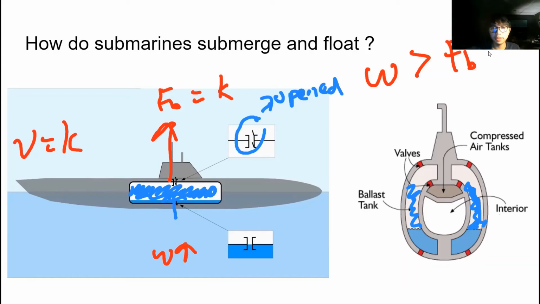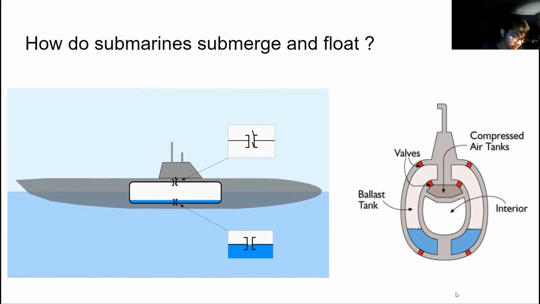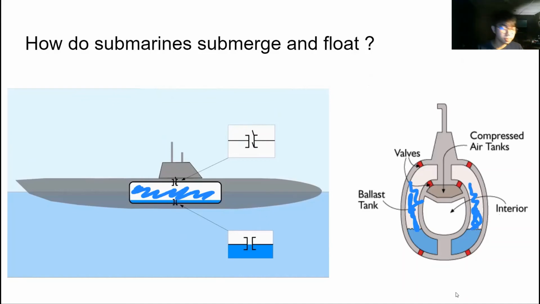Now let's see how a submarine floats back to the surface of the water. Let's see, there is water inside the ballast tank. In order to float back to the surface of the water, the submarine must remove all the water from the ballast tank, which means these valves at the top of the ballast tank will be closed.